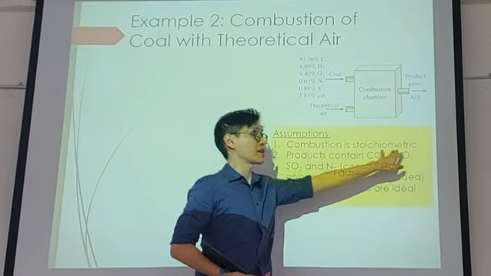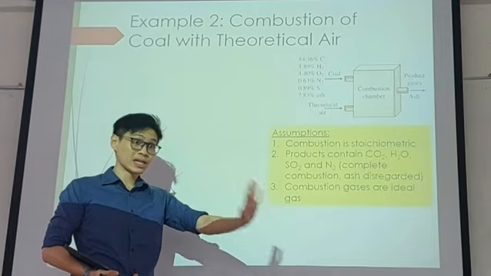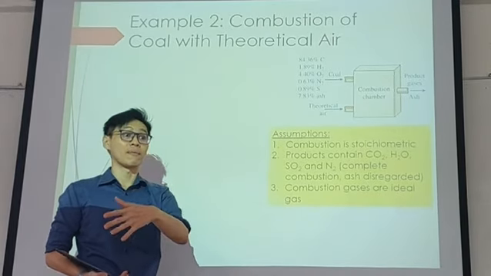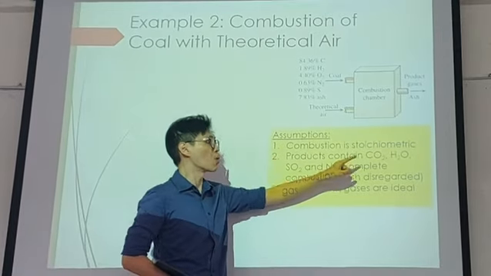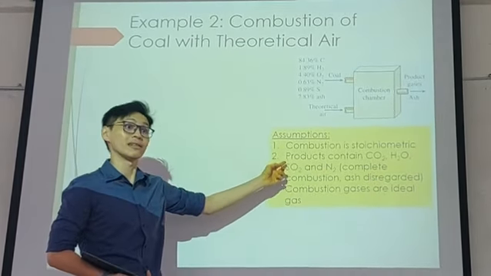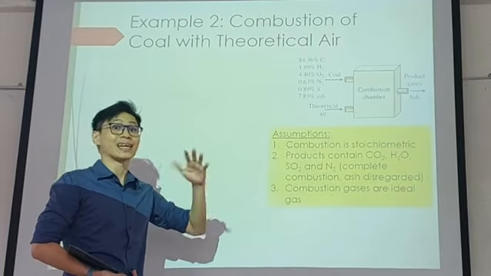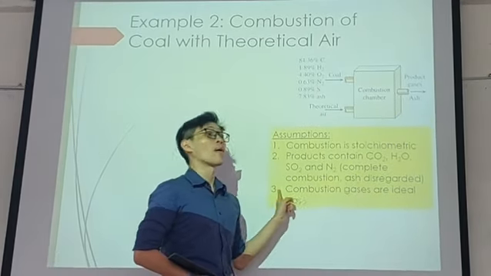So for stoichiometric amount of air, if I ask you to find the theoretical or stoichiometric amount of air, the products will always be only CO2 and H2O. If you have S, then SO2. No S, then of course no SO2. And also N2. So it will be complete combustion.